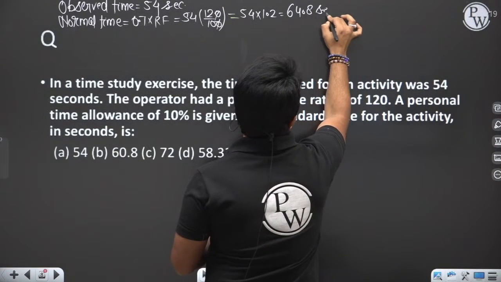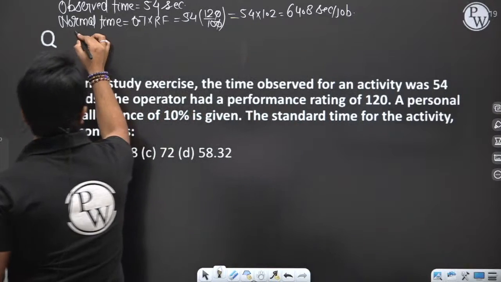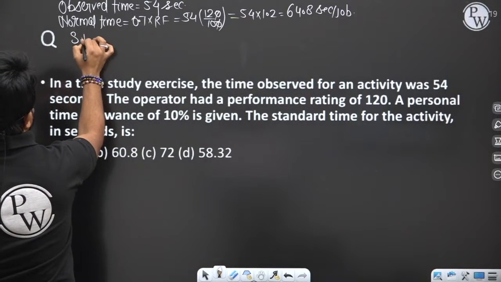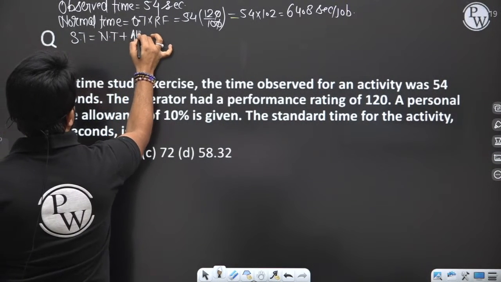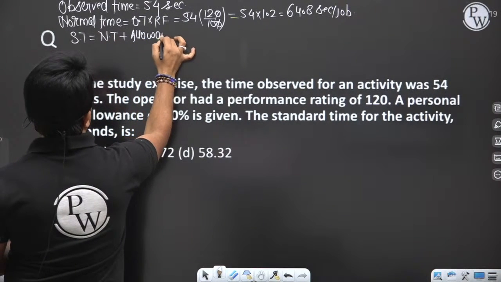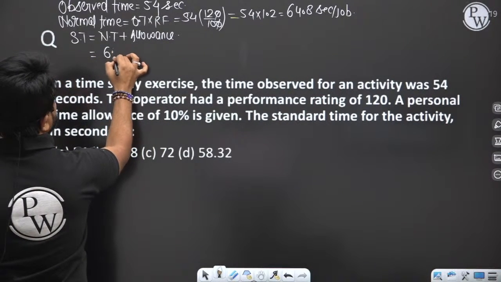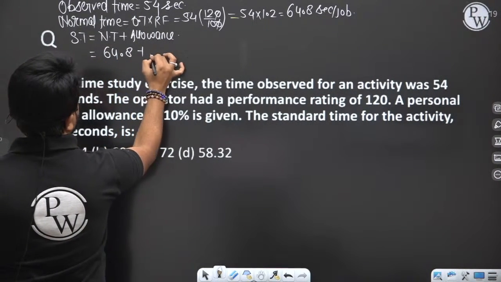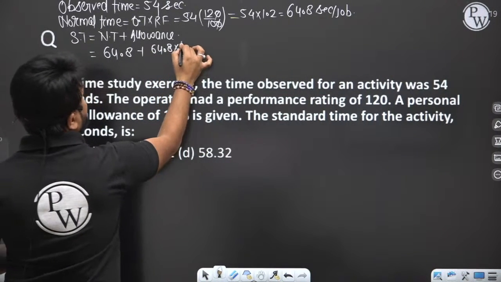64.8 seconds per job. Now the standard time is normal time plus allowance. So normal time is 64.8 plus allowance, which is 64.8 into 10%.